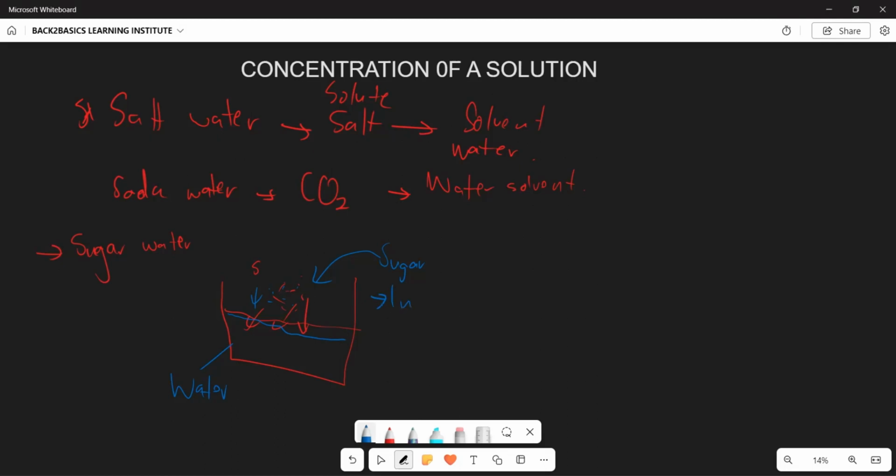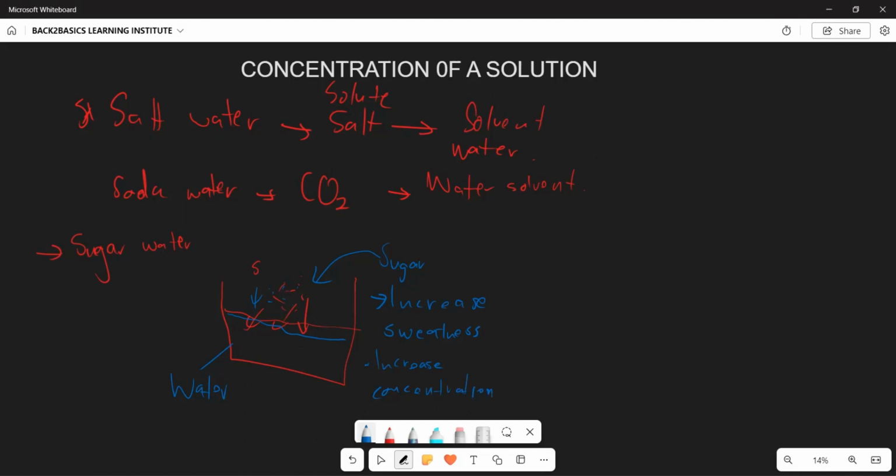You are going to increase the sweetness of this particular water. The more you increase the sweetness of the water, we are saying you are increasing the concentration of this particular water.